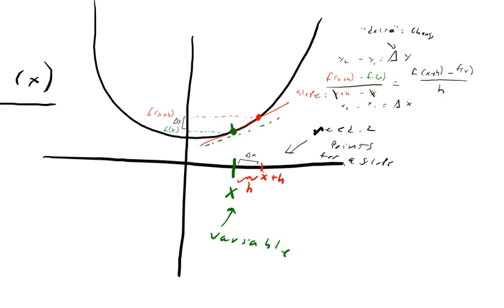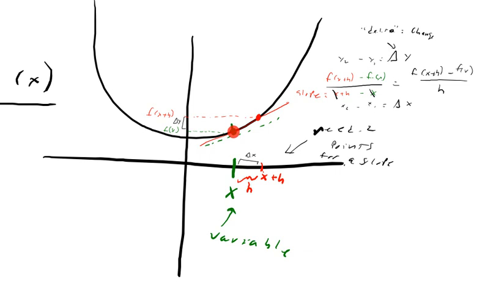So what we can do then is, okay, this is the equation for the slope of this red line, but I want the green slope. I want the slope of this green line just at the single value of x. I want the slope at a point.